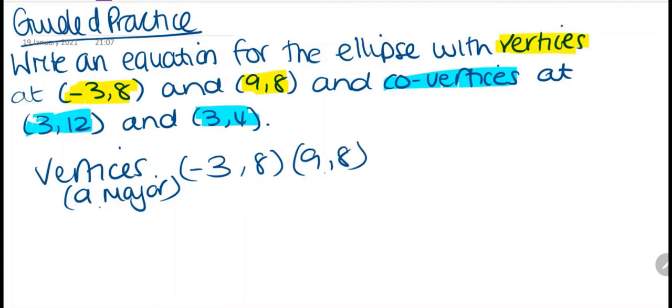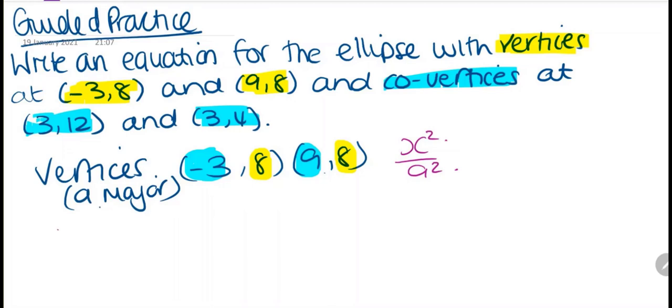Looking at our coordinates, the 8s are the same, and the x's are different. So this tells us that x squared will go with a squared.